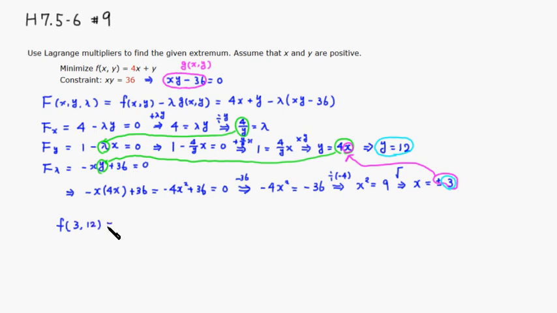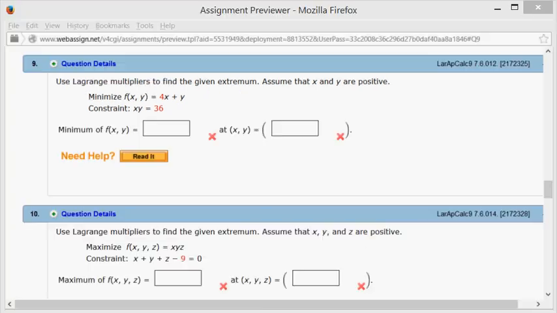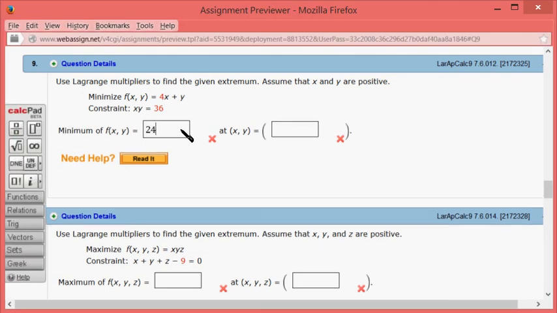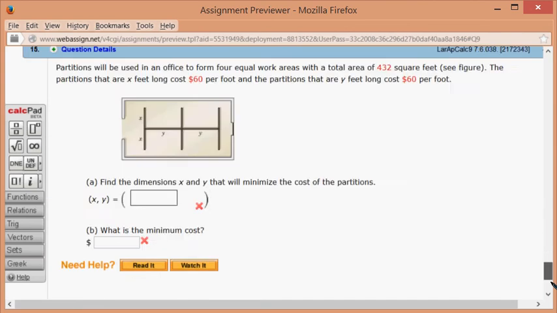So this is equal to 4 times 3 plus y, which is 12, so it's 12 plus 12, which is 24. That will be the minimal value with that constraint. So let's type it in: the minimum value we found was 24, and it's at 3, 12. Let's check the answer.